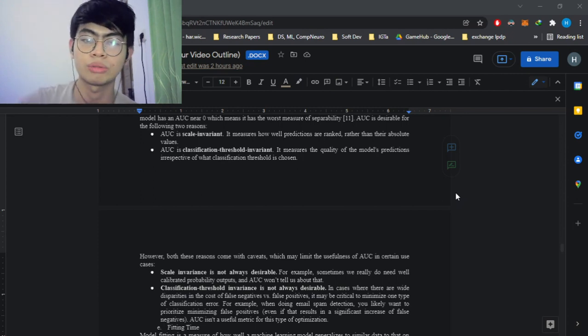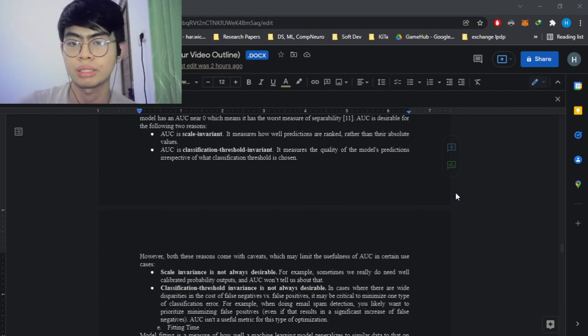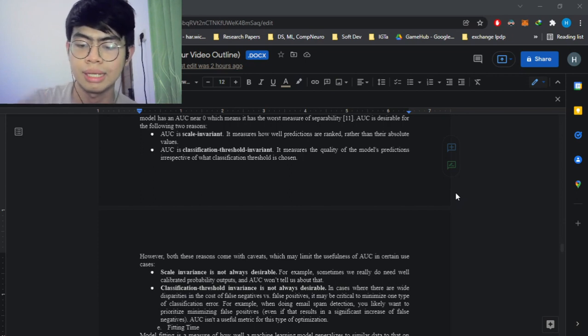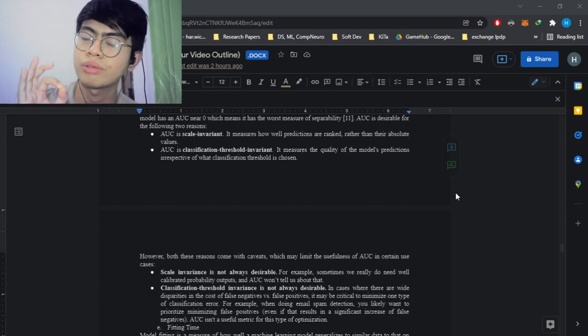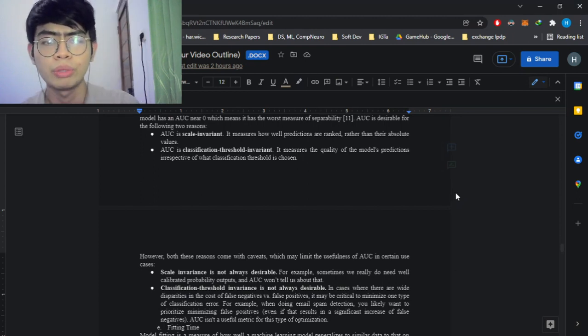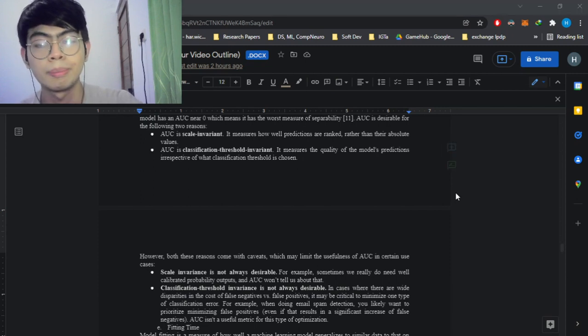It takes into account the threshold at every single value. So it's not dependent on a certain value of threshold, essentially. And that's why we want the metric to be, yeah.